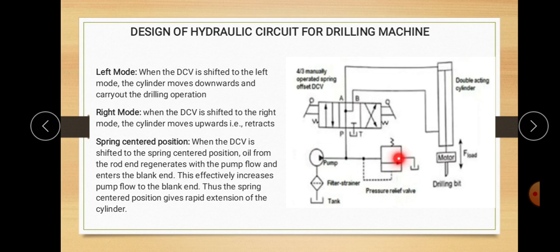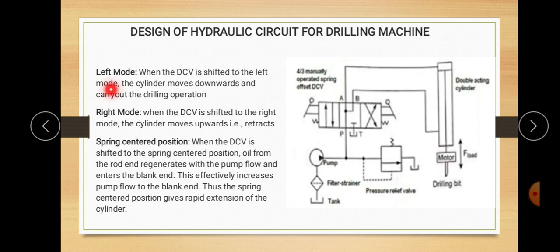It avoids excess pressure from the pump, because excess pressurized fluid entering the DC valve damages the DC valve, the actuators and the other components. So here a pressure relief valve is present. Now you can see the working principle of the drilling machine. Here, by adjusting the DC valve, the A port and B port actuations control the downward and upward motions.